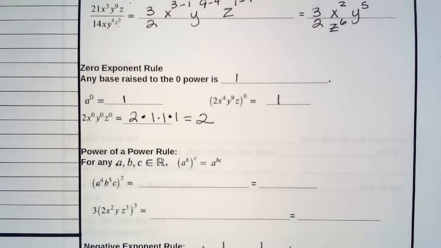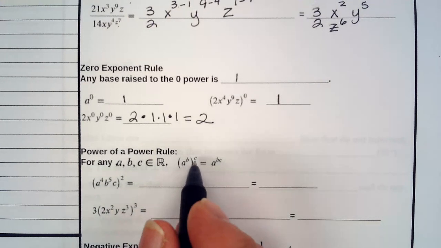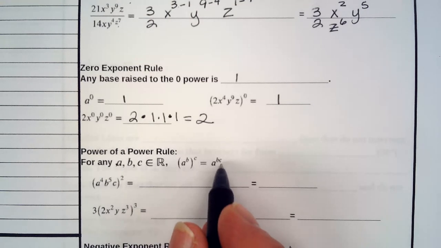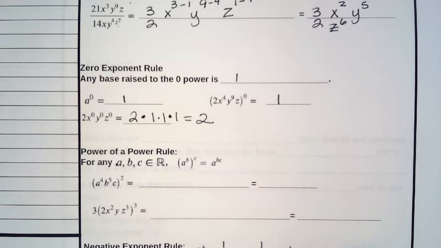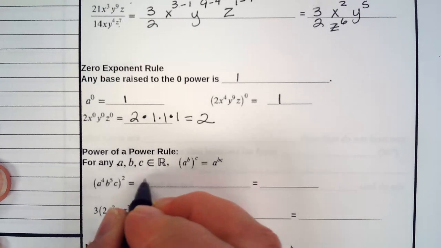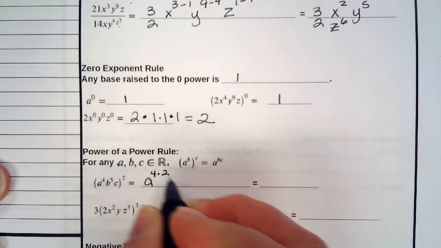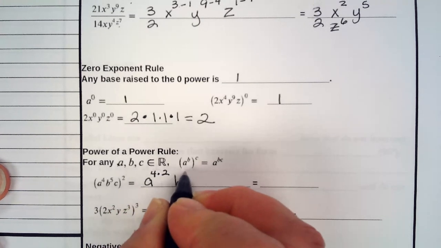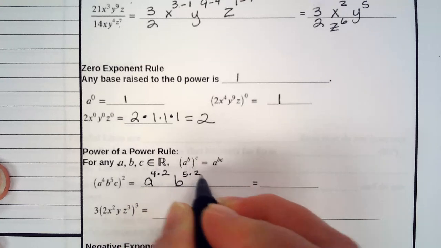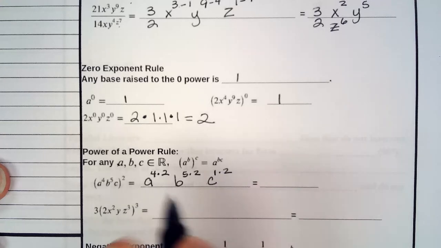Okay, the power of a power rule. If you've got A, B, and C, A raised to the B, and that quantity raised to the C is equal to A raised to the BC power. How does this work when you apply it? You're multiplying, so this is A to the 4 times 2, B to the 5 times 2, and C to the 1 times 2.